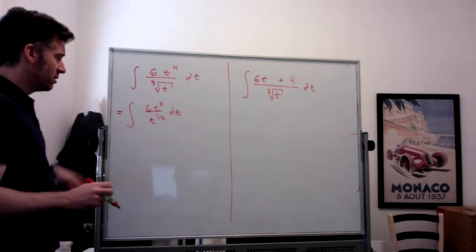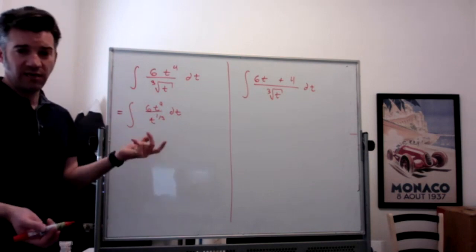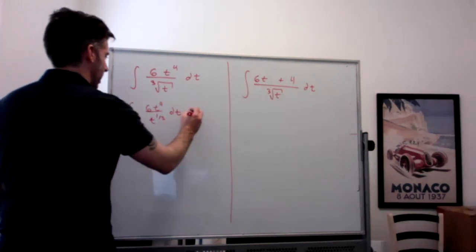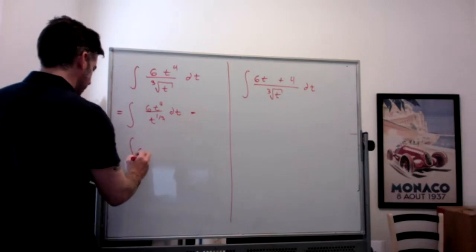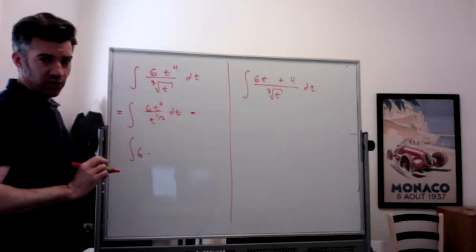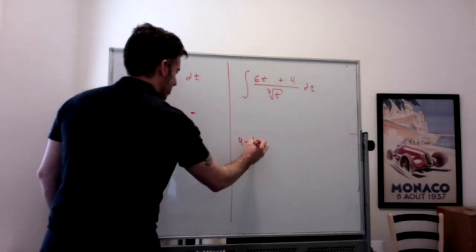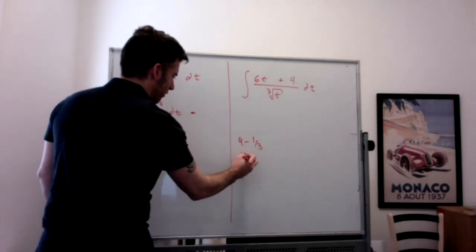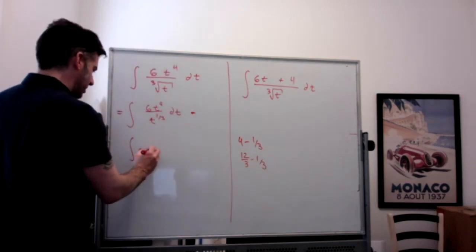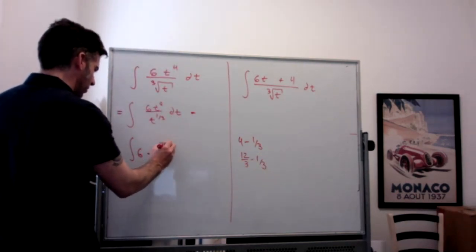And then to simplify this, t to the 4th divided by t to the 1/3, I'm going to subtract those powers. So I'm going to get the integral of 6 times, let's see, 4 minus 1/3. Well, 4 is 12/3 minus 1/3. That's going to be 11/3. So I have 6t to the 11/3.